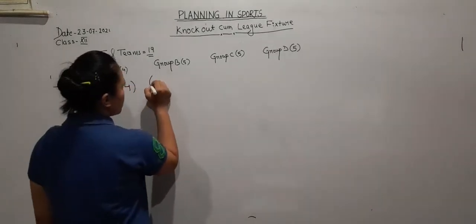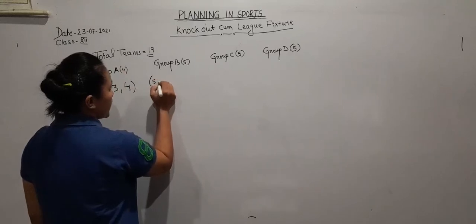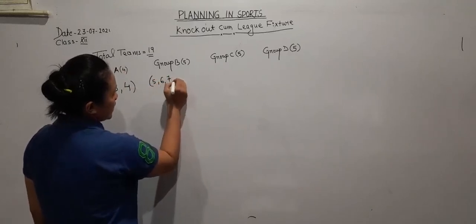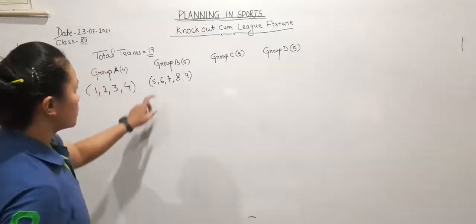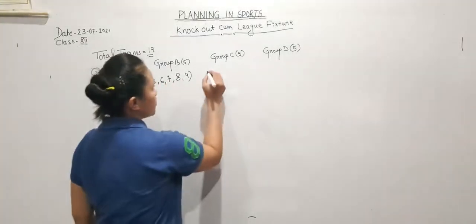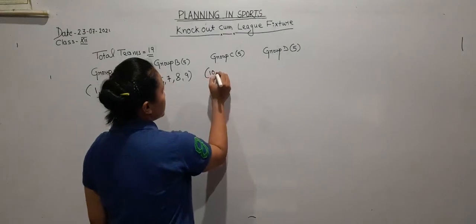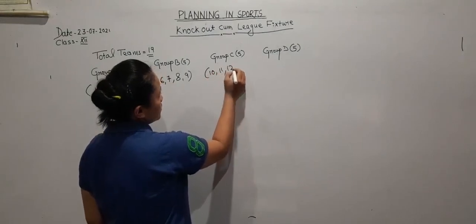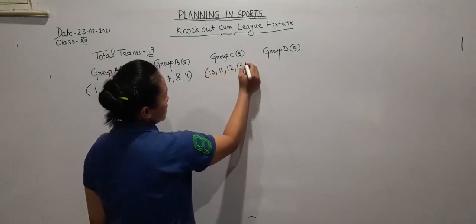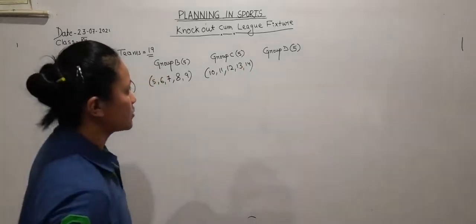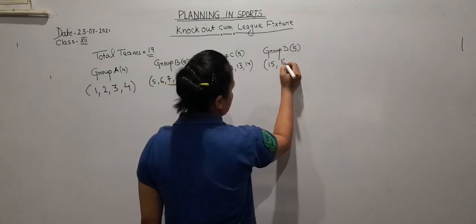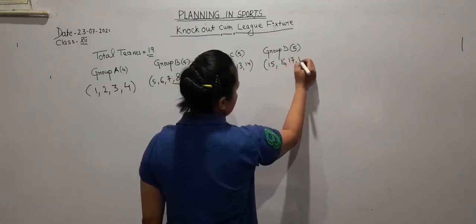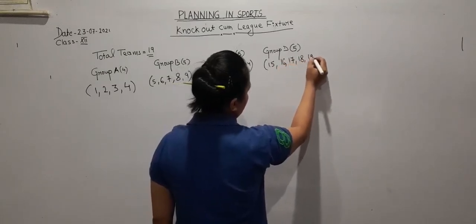Group B has 5, 6, 7, 8, 9. Group C has 10, 11, 12, 13, 14. And group D has 15, 16, 17, 18 and 19.